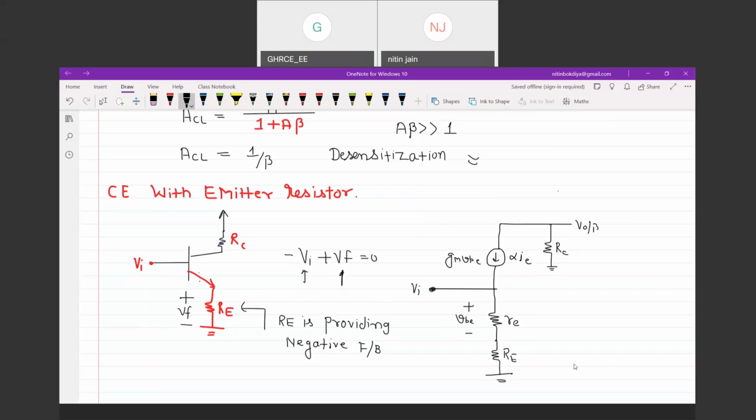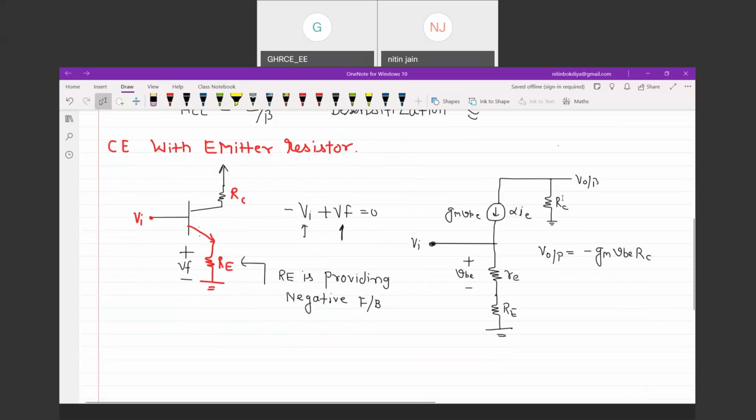So I can say V output for the circuit is given by minus gm into VB, minus gm into VB into RC. Now what is the value of VB? So you can say this current is Vi divided by re plus RE, which is the value of emitter current, correct? And what is VBE?